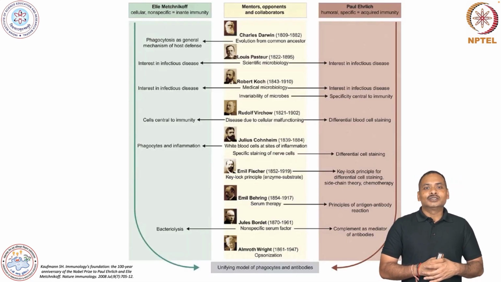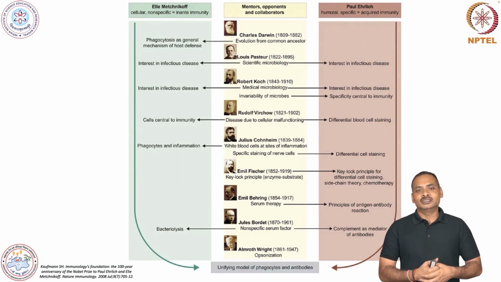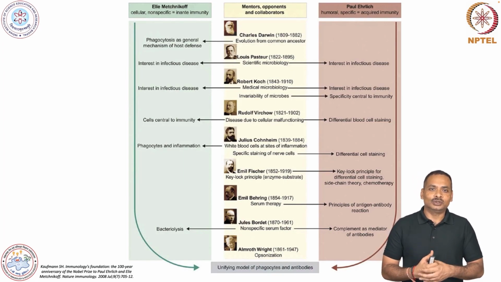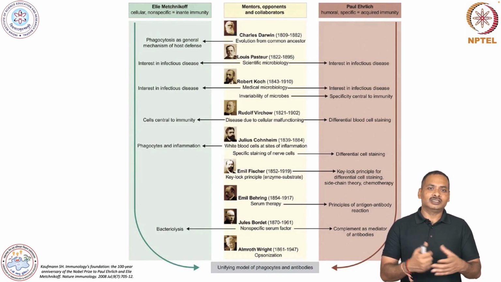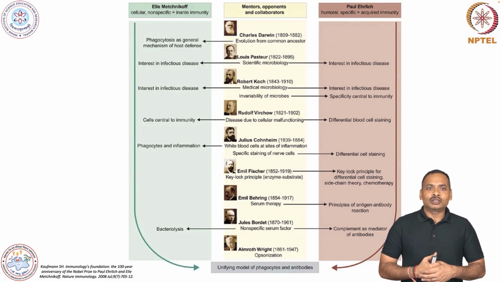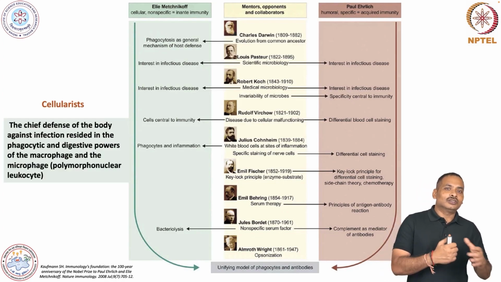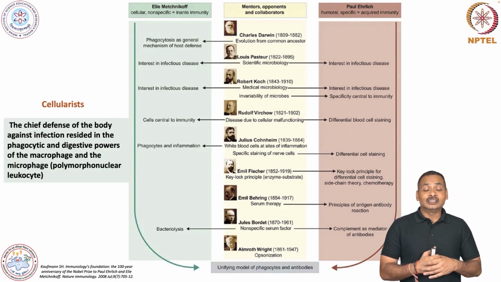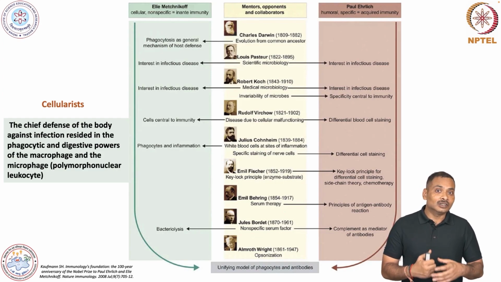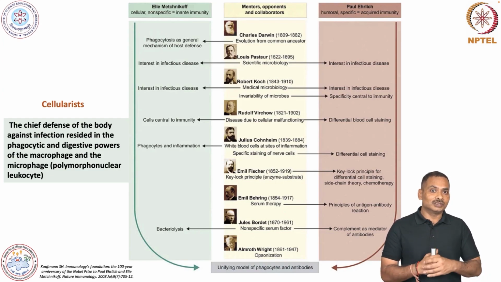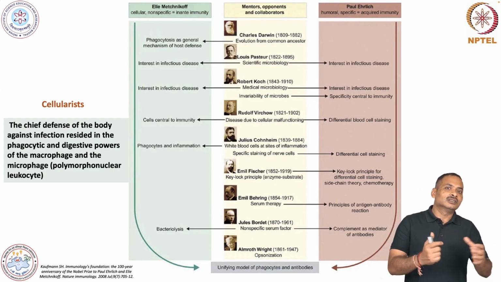Okay. So here I have one very nice slide which I have taken from this article. If you want to see this article, you can take it and go through it. Anyway, I am going to talk about the two schools of thought. One school of thought we call the cellularists. Cellularists means all those scientists who believe that there is some cellular component.